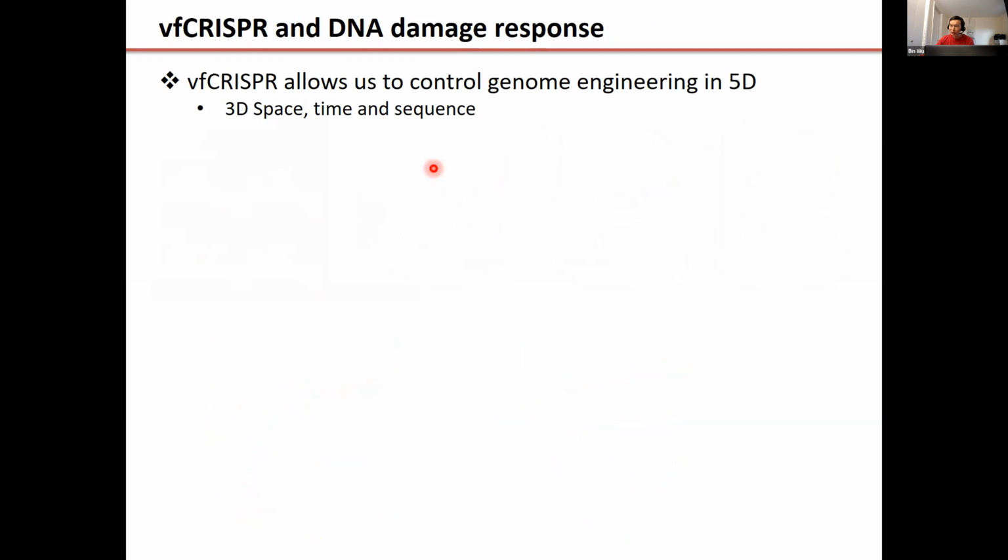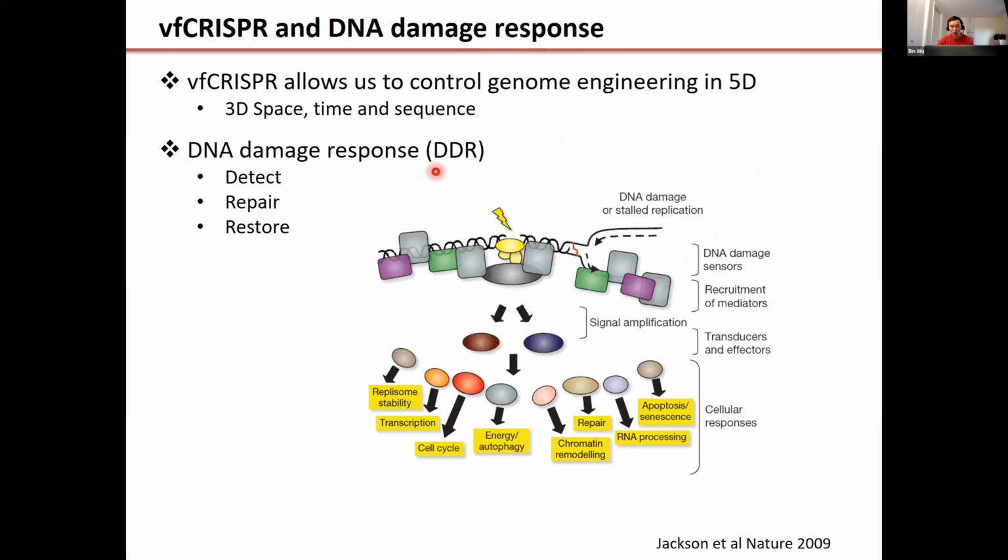After Cas9 generates a double-strand break, the cell machinery needs to repair the damaged DNA. The process is called DNA damage response, or DDR. It involves detection, repair, and also restoring the normal chromatin state. It involves a very complicated signal cascade and orchestrated enzymatic activity.